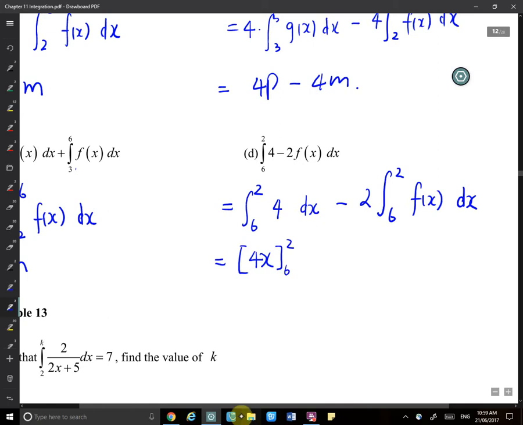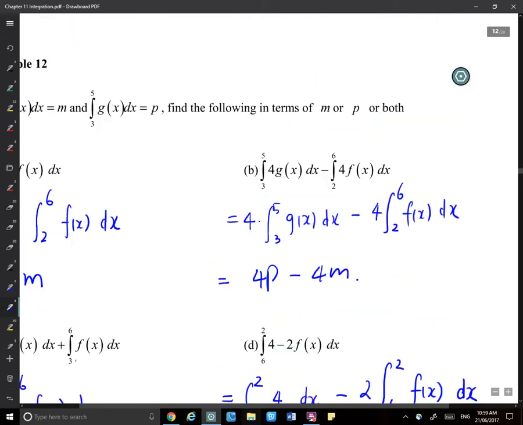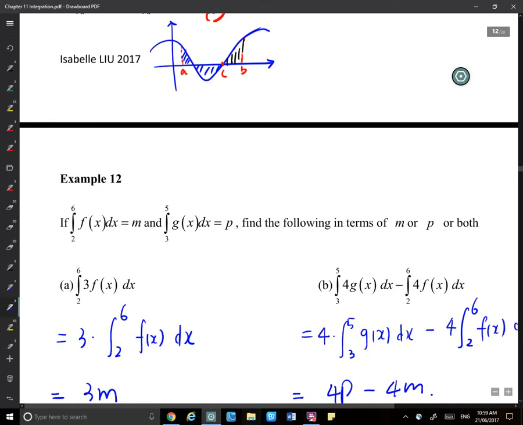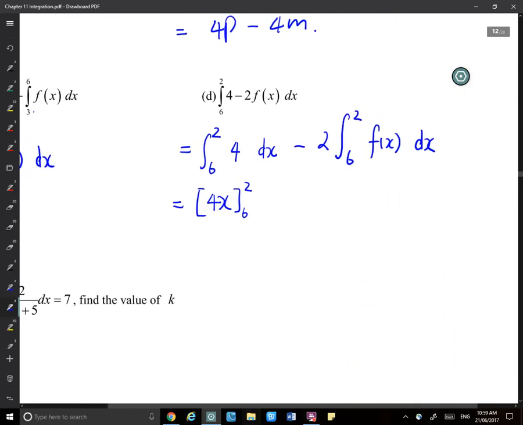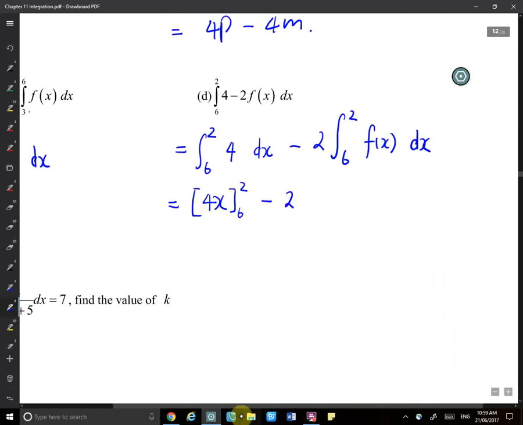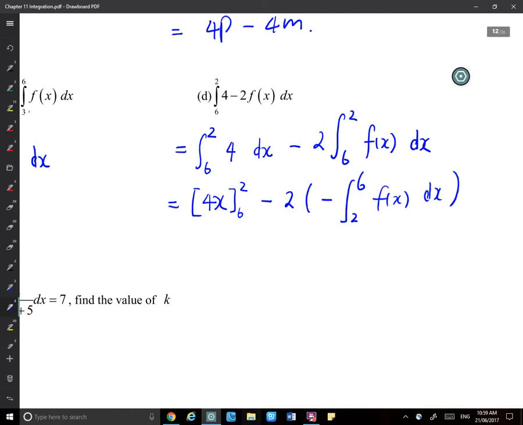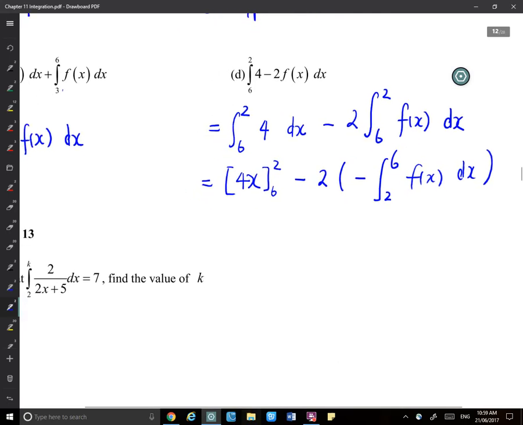And this is 6 to 2. I want 2 to 6. M equals the integral 2 to 6 of f(x). So that's minus 2 times the integral from 2 to 6 of f(x) dx. I can change the upper limit and lower limit, and then that will still be the same. Put a negative sign in the front.